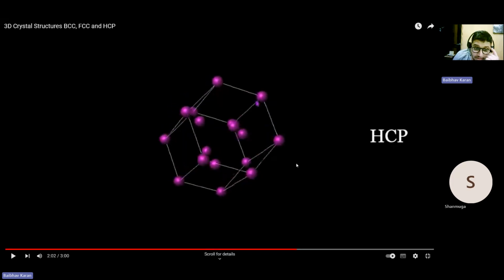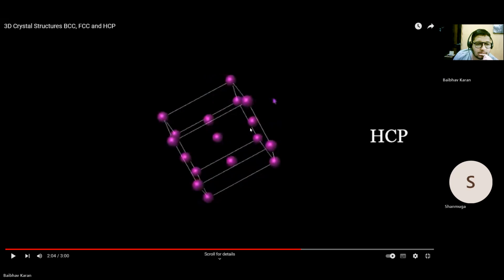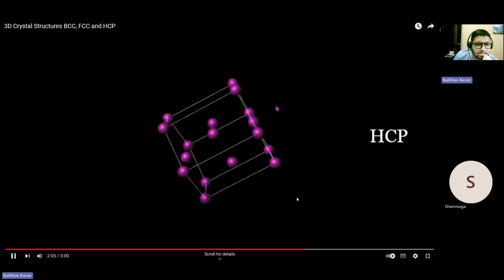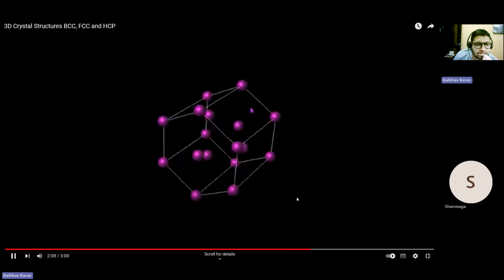This is the hexagonally close-packed structure. As you can see, it's in the shape of a hexagon. The two surfaces are in the shape of a hexagon, and each of the surfaces has atoms at its vertices, and then one atom at the center of each of the surfaces, as you can see.